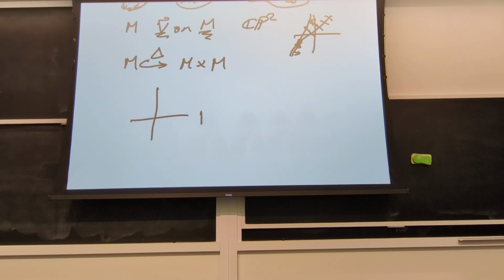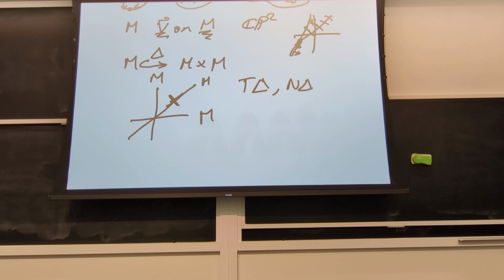So this will be M cross M, and we're embedding M as a diagonal over here. So over here we have the tangent part of M and the normal part of M. So we have, I'll call T delta, and N delta.